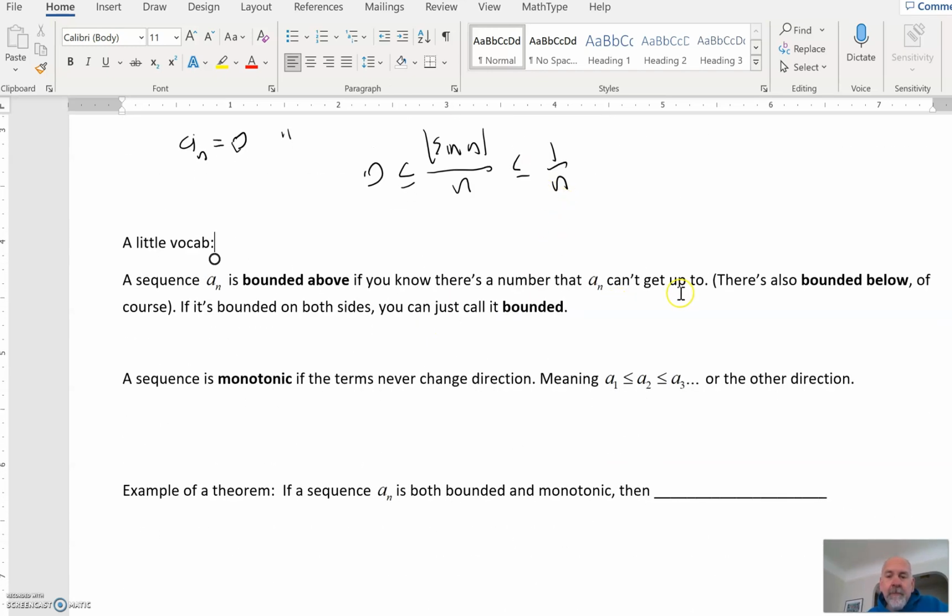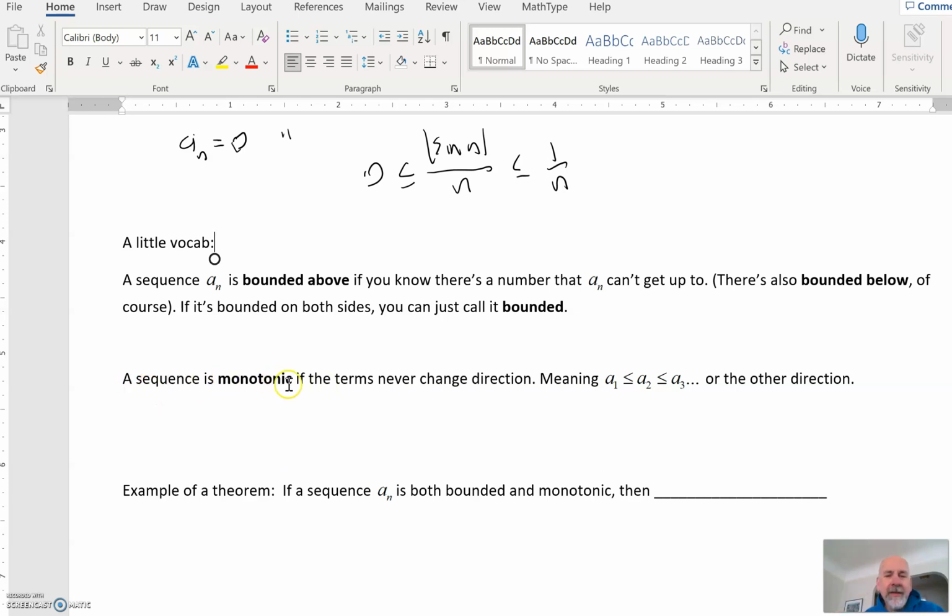And so it's bounded above if you can just say there's a bound and it can't go above this number. And it's also bounded below, like that one is bounded below by 0. And if it's bounded on both sides, you can just call it bounded. That means bounded both ways. Kind of like a limit. You can say a limit from the left, you can say a limit from the right, or you can just say it has a limit.